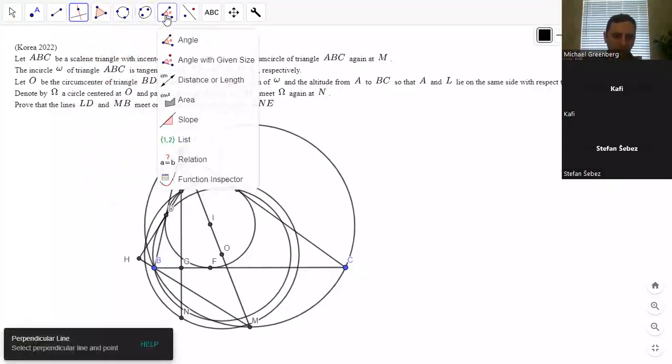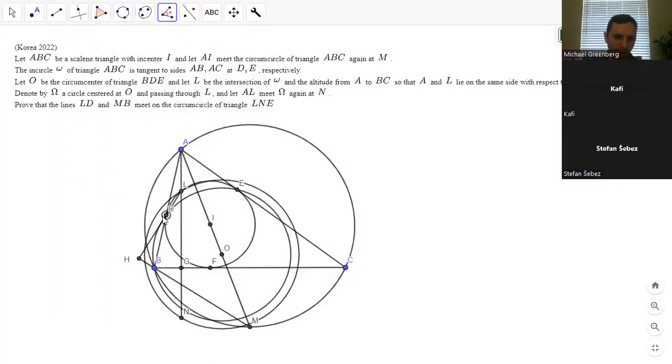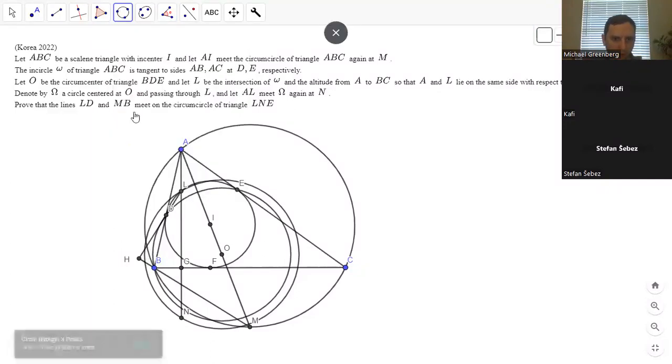So first of all, is it clear? Is this angle right? Whoops. No. So I thought it was, but it's not. Let's see if we can use power of a point somehow.